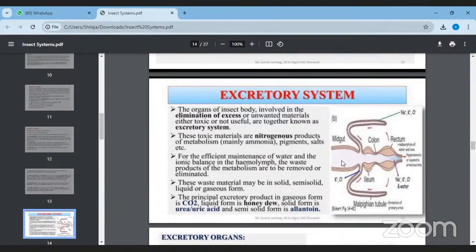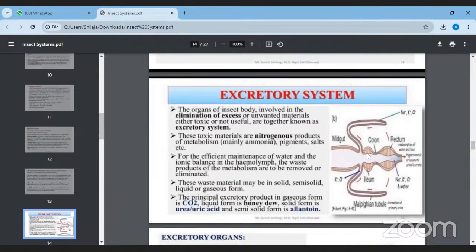If we take the cockroach, there may be around 60 Malpighian tubules attached between the midgut region and hindgut region, attached to the digestive system.